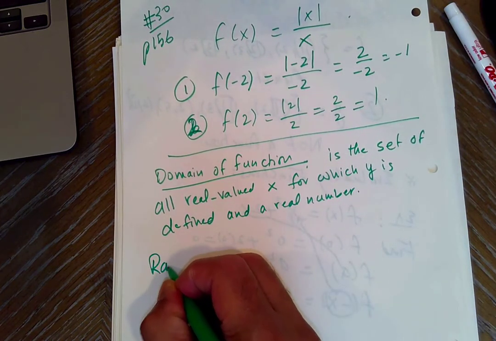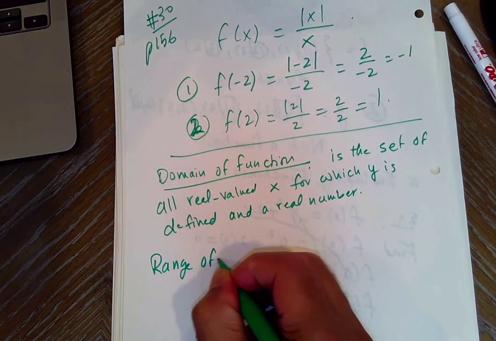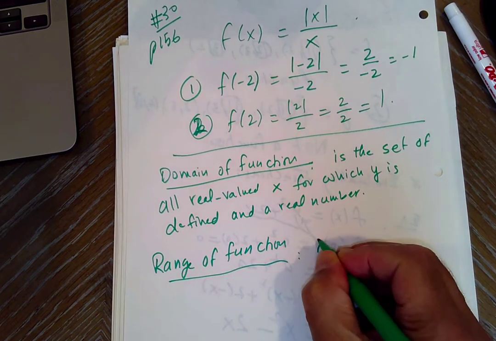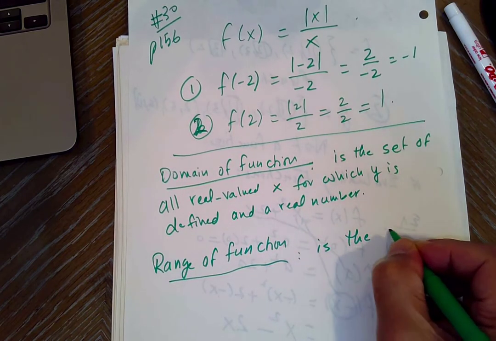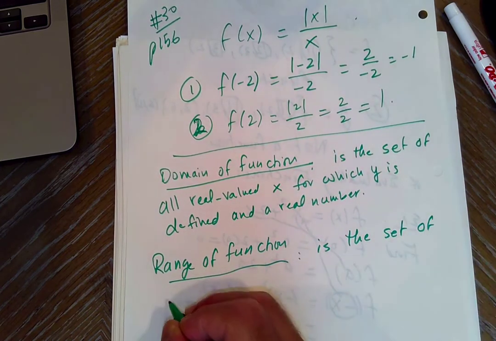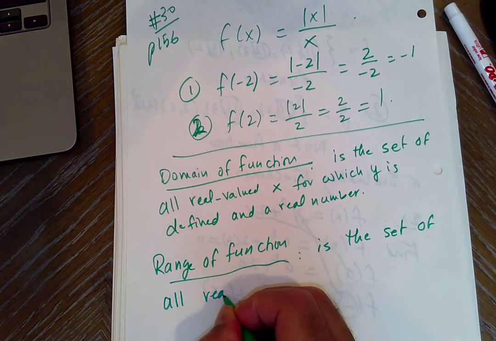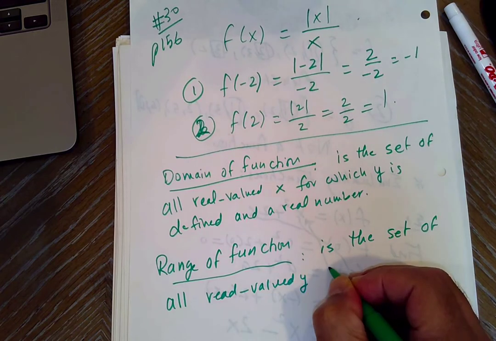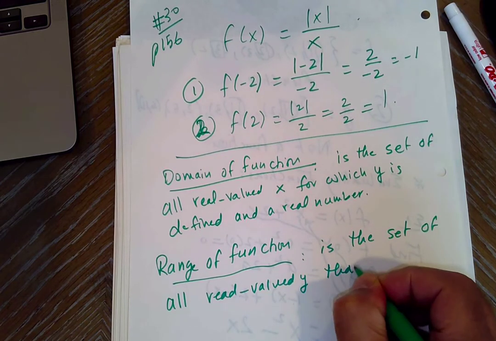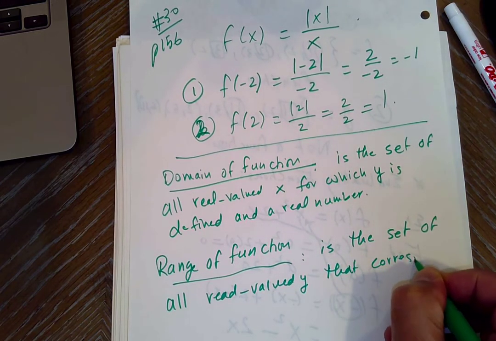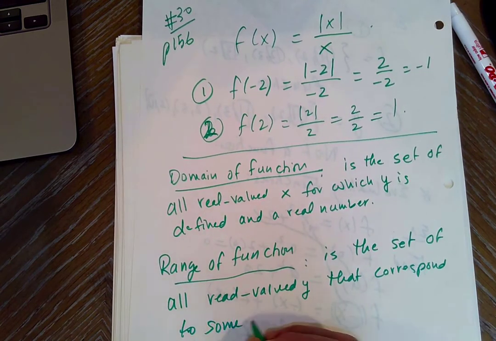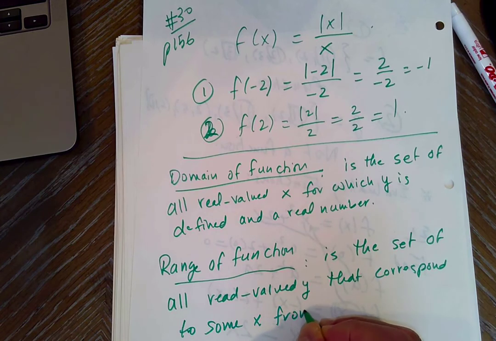Range: domain is your x value, range is your y value. So the range of a function is the set of all real valued y that correspond to some x from the domain.